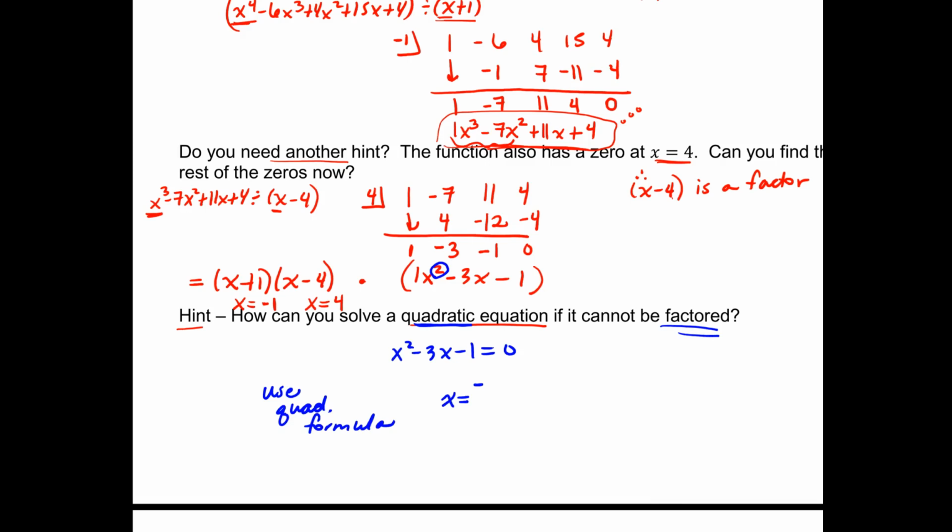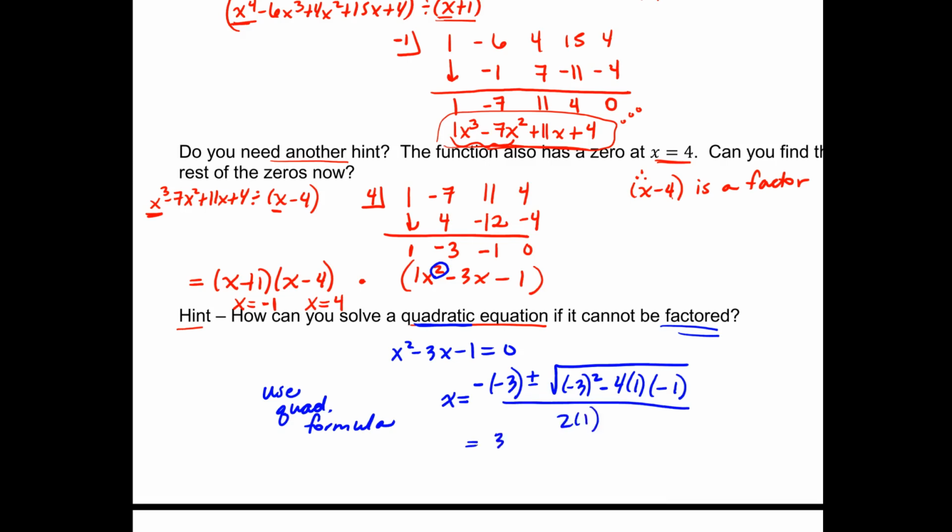So x equals the opposite of b, -3, plus or minus square root of b squared, -3 squared, minus 4 times a, which is 1, times c, which is -1, all over 2 times the value of a.